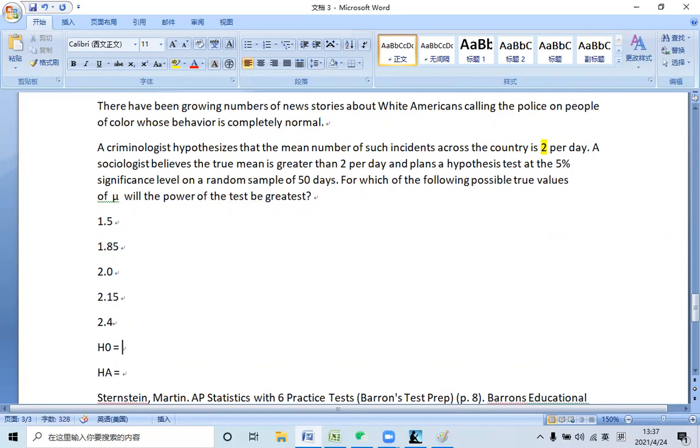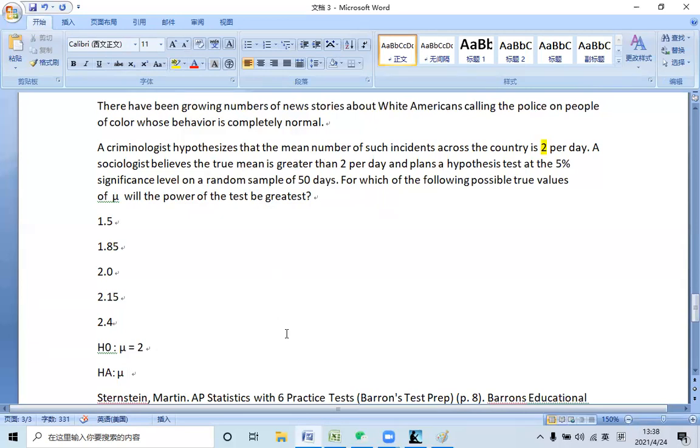The null hypothesis is mu equals 2. The alternative hypothesis says mu is not equal to 2. Here, is this directional?